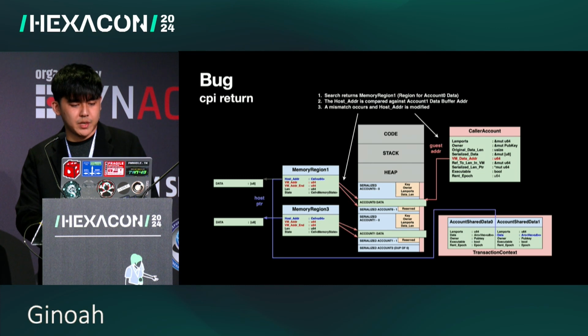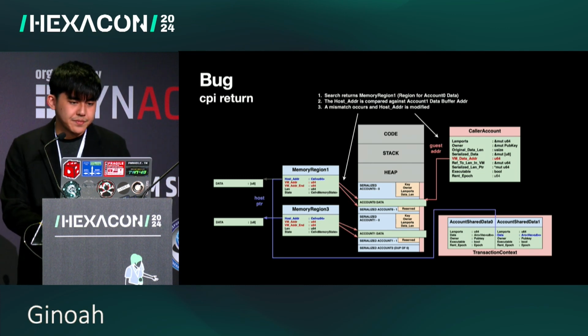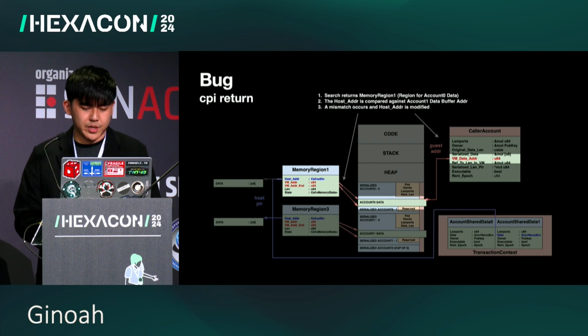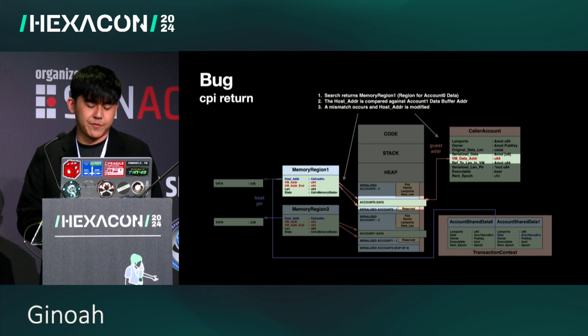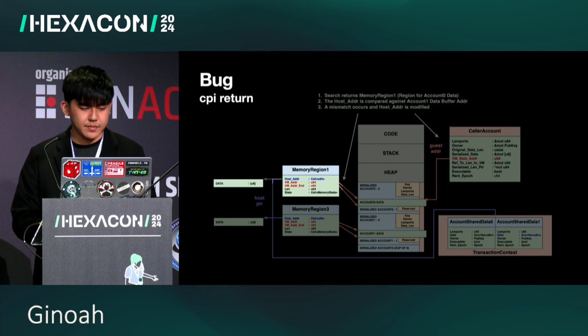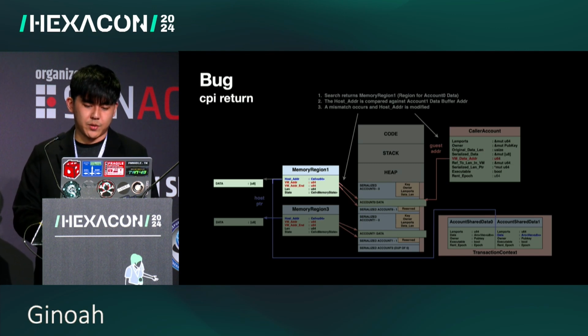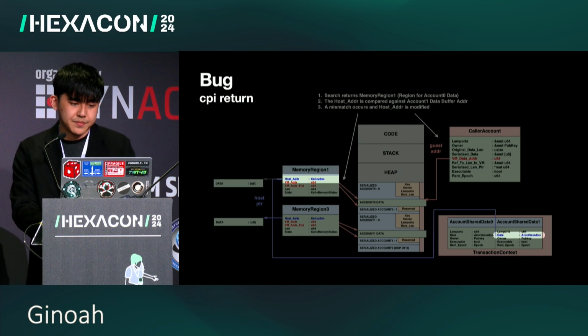When returning from the CPI call, the caller VM memory looks like this. The lookup process tries to fetch the memory region for account 1 data, but since account 1's data now points to account 0's data address, the memory region for account 0 data will be fetched instead. Currently, the pointer in the memory region is still pointing to the original account 0's data buffer, and the replacement procedure starts.